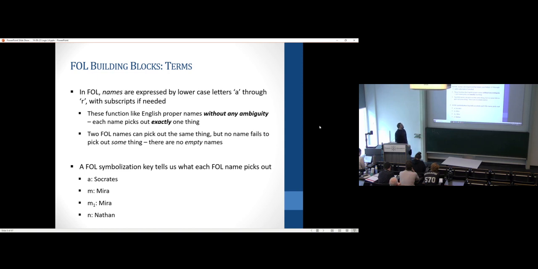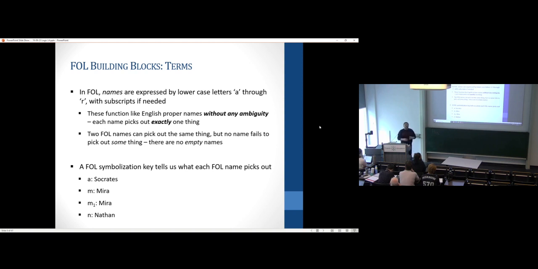Okay, now an FOL symbolization key is going to tell us what each FOL name we're interested in picks out. So it'll have things like lowercase a is Socrates, lowercase m is Mira, m subscript 1 also Mira, little n, Nathan. Yes? As you said about the empty names, does it mean, for example, we cannot analyze a sentence like Robinson Crusoe gets lost in ice? We could, but if we do, what we have to do is treat Robinson Crusoe as denoting something.